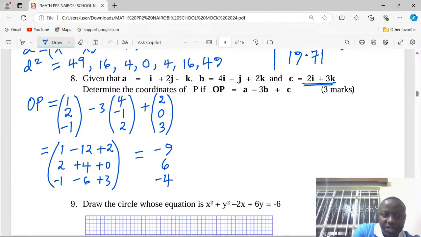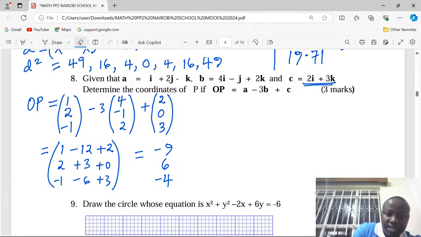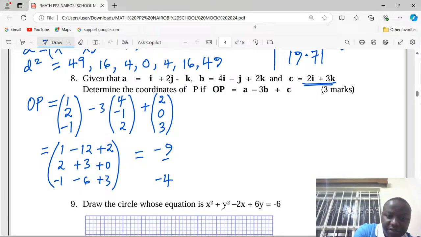It's good for us to recheck something here. -3 by -1 becomes +3. This is going to be +3 when you multiply, so that the y component now finally becomes a 5.